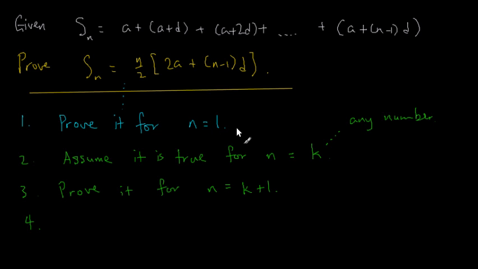True for 2, must be true for n equals to 3, and so on and so on. So in step 4, we conclude it is true for all n. So this is the plan, if you like, or the steps for mathematical induction.